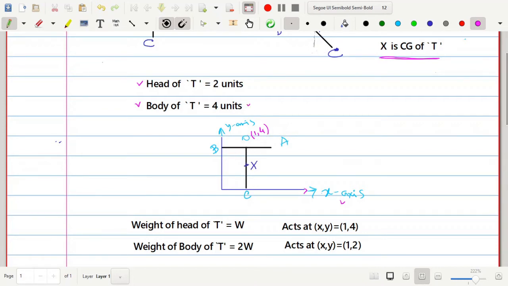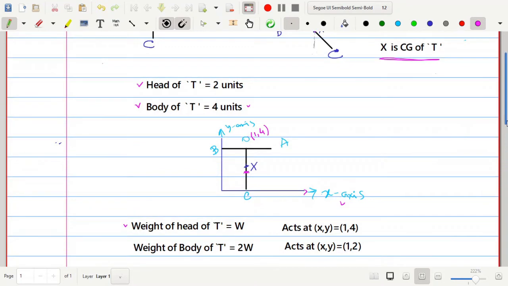X should be above the midpoint because the maximum weight is on this side. It's not graphically exactly the midpoint, but suppose this is the midpoint, and X should be somewhere above this midpoint.